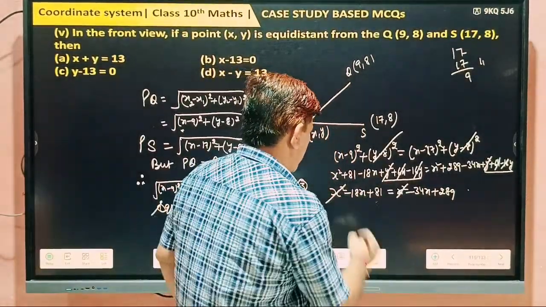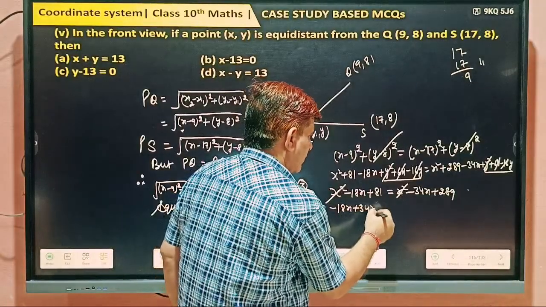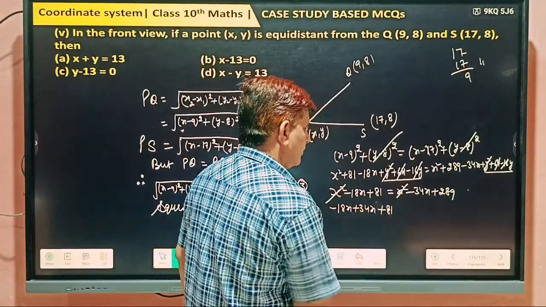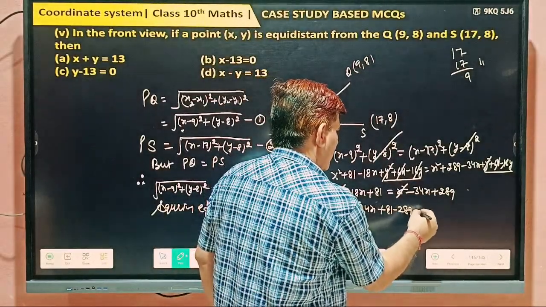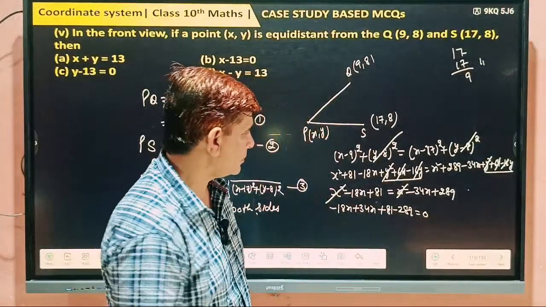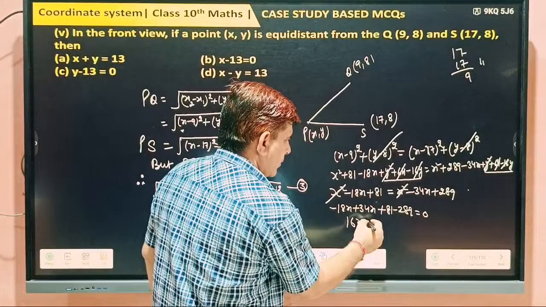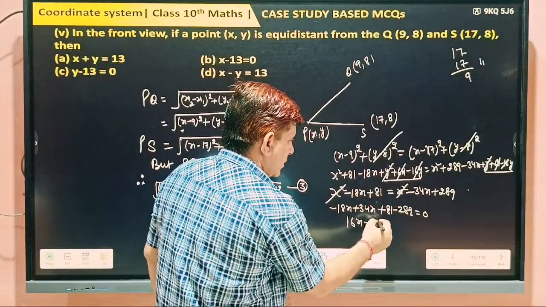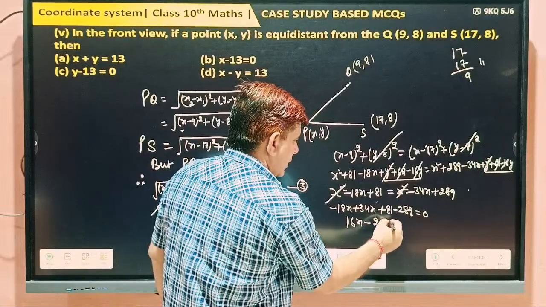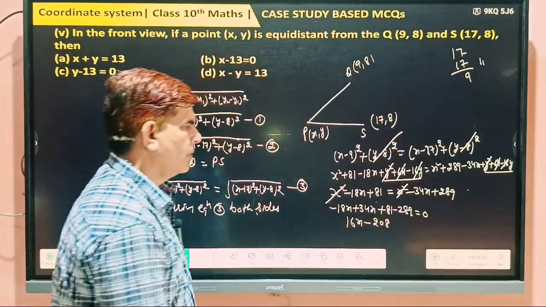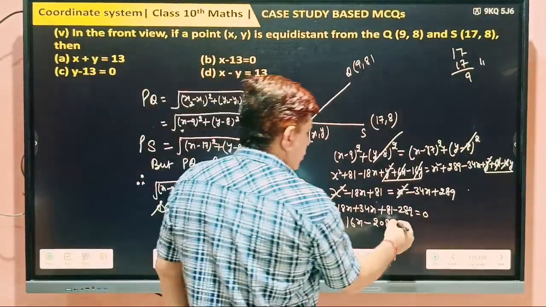Bring this to that side: minus 18x plus 34x plus 81 minus 289 equal to 0. How much? 16x minus 208 is equal to 0.